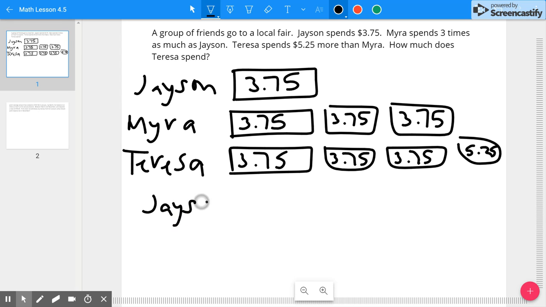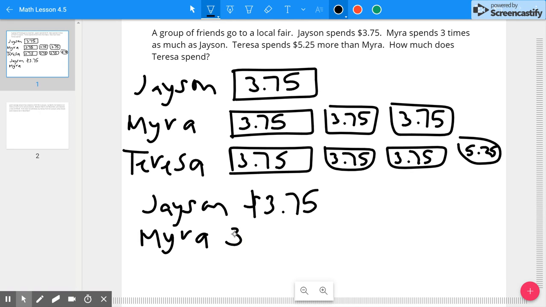So now, when I figure the problem out, Jason, I already know. His was easy. He only spent $3.75. Myra, she spent 3 times $3.75, which equals, when you do the math, $11.25.